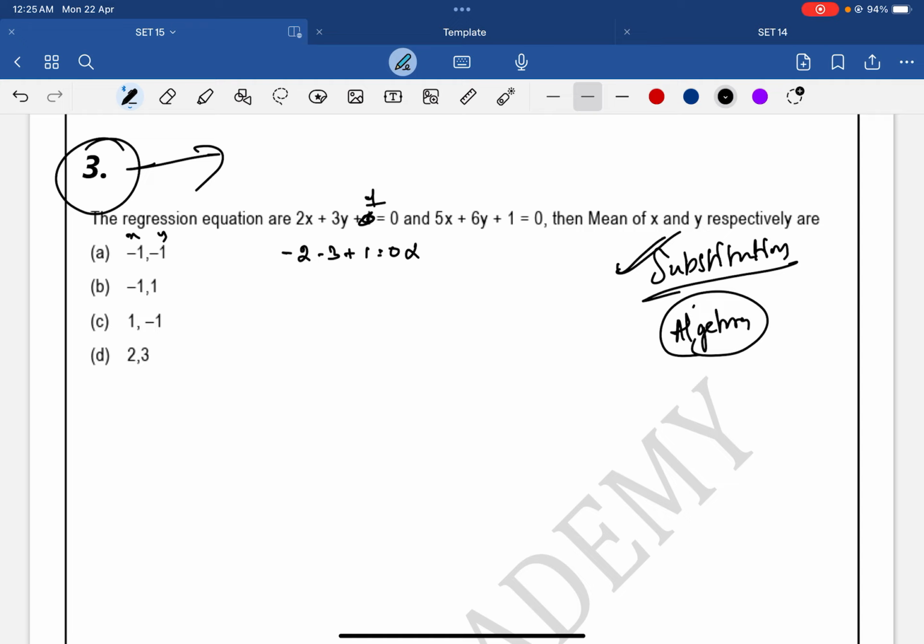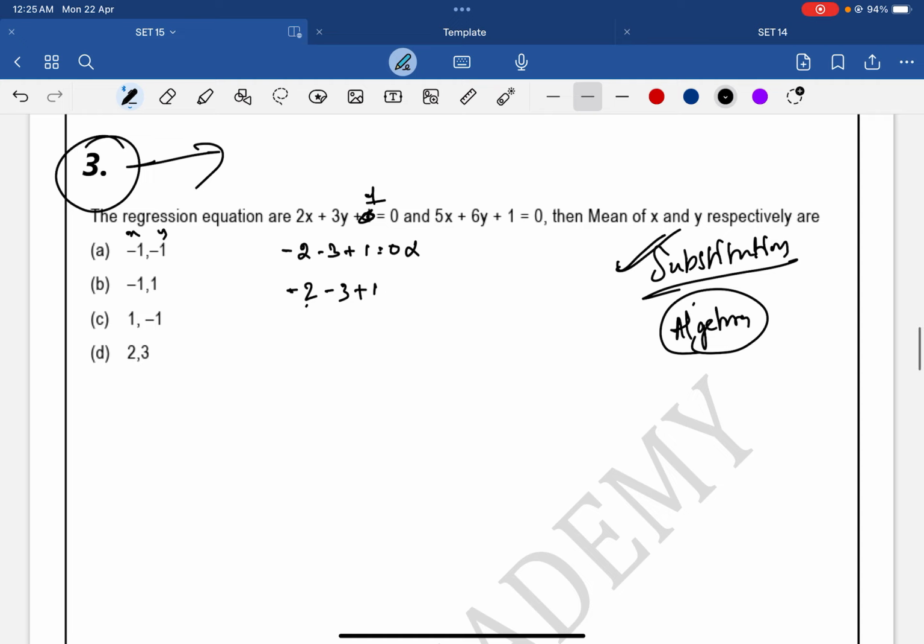Then immediately go for option B, minus 1 here. So minus 1, minus 2, minus 3, plus 1. Here it is going to be minus 5 plus 1, which is not equal to 0.